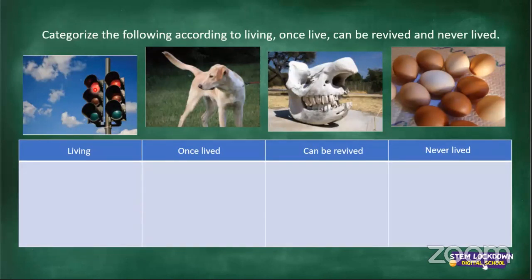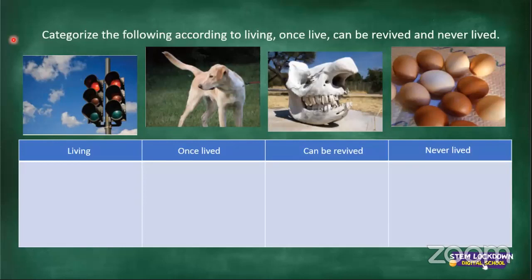Now we are going to do this activity quickly. You guys are going to help me. We are going to categorize the following according to living, once lived, can be revived, and never lived. If it is living, it means it can do all of those 7 life processes.